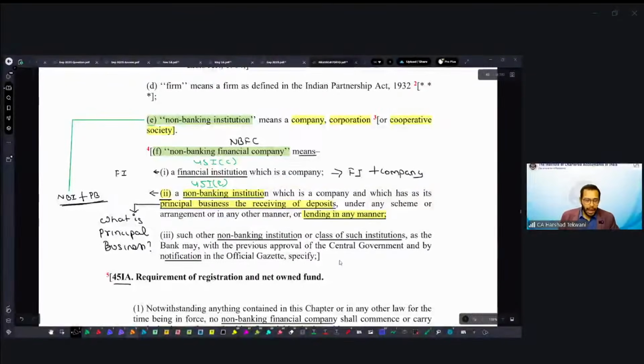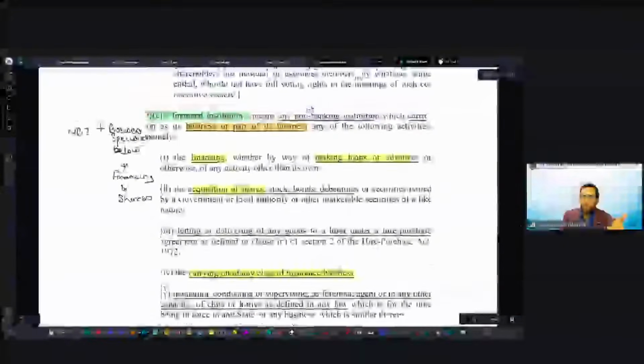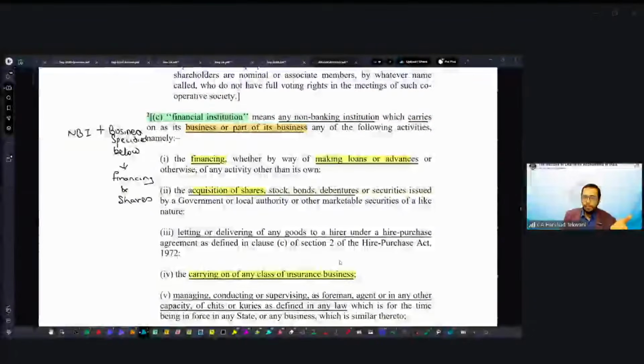Let's say a hypothetical example, A Private Limited, receiving deposits. Is this an NBFC? You will say, sir, private limited company, financial institution. Yes, but where is it there? If you see the financial institution definition, it is financing, making loans or advances, not deposits.